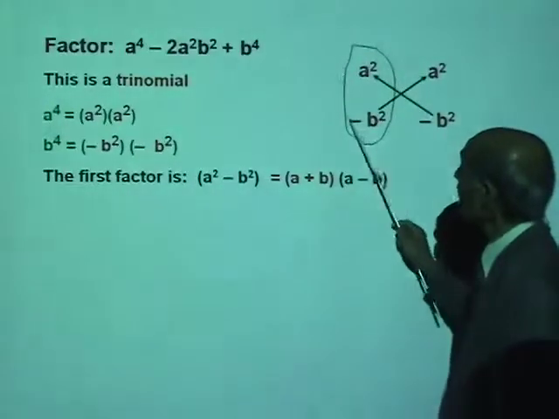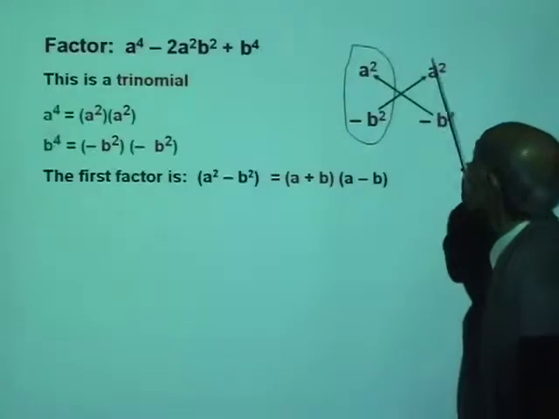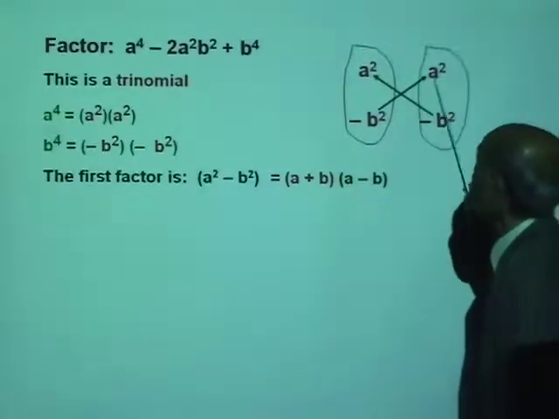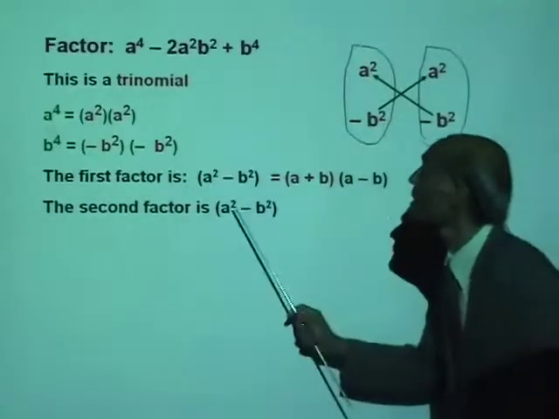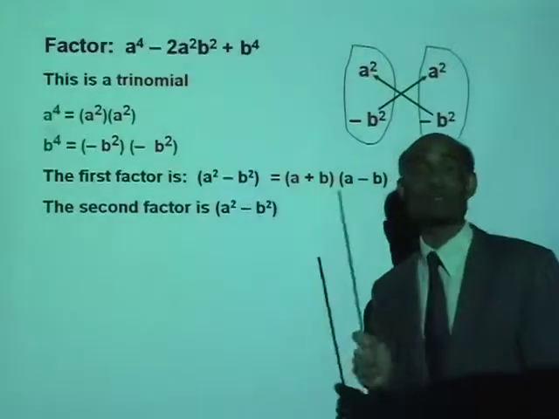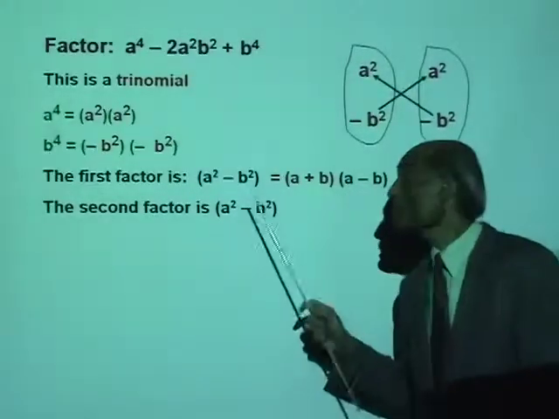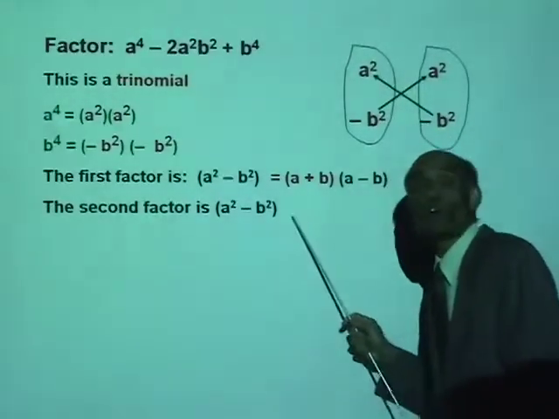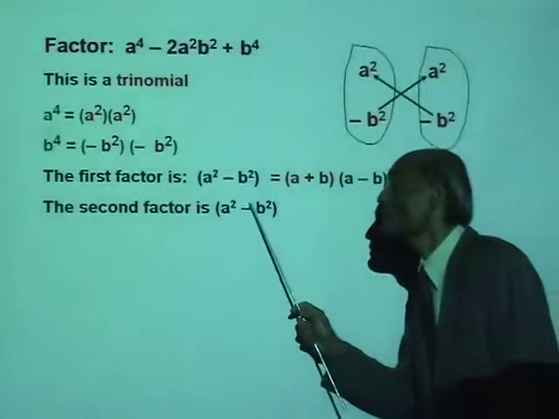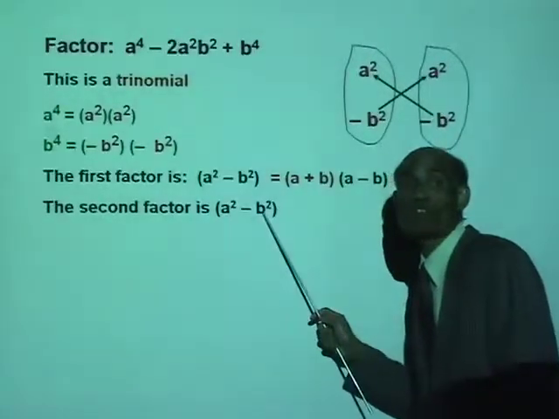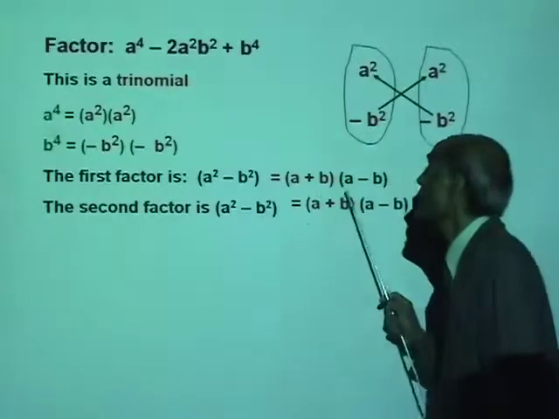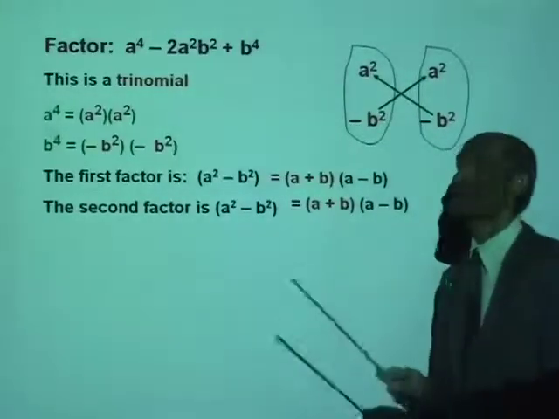That is our first factor. Similarly, what is our second factor? Our second factor also is a squared minus b squared. That means this can also be further factored, a difference of two quantities. That will also be a plus b times a minus b.